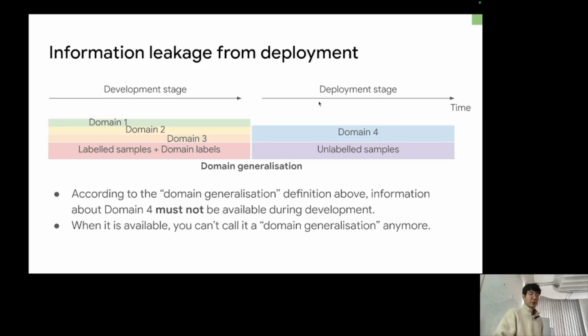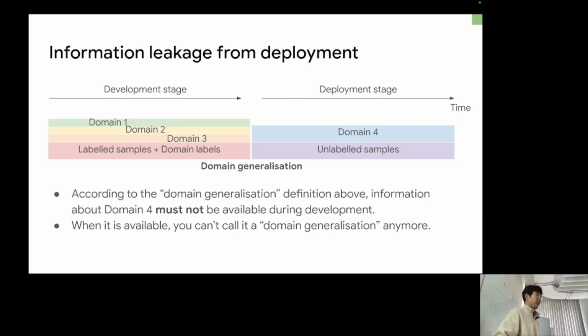So let's talk about domain generalization. According to the definition of domain generalization, if you write down the condition for domain generalization in this way, in this figure, it's clear that during deployment, you should only see domain 1, 2, 3, and not domain 4.